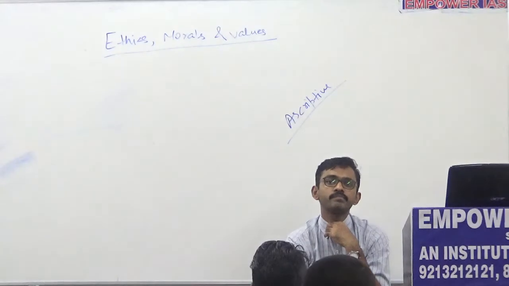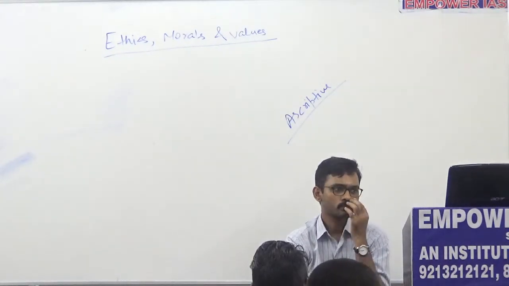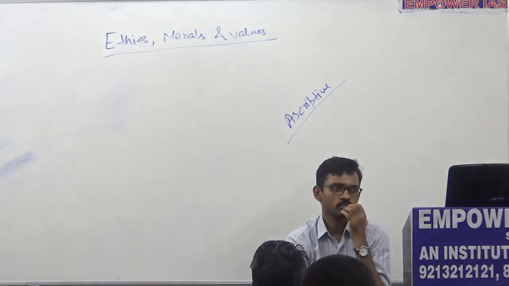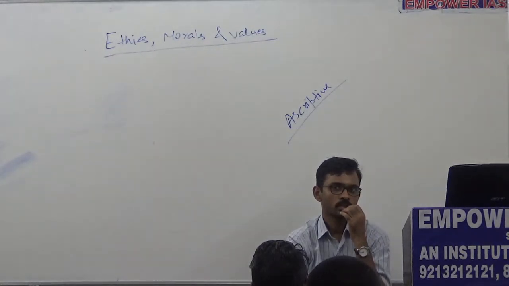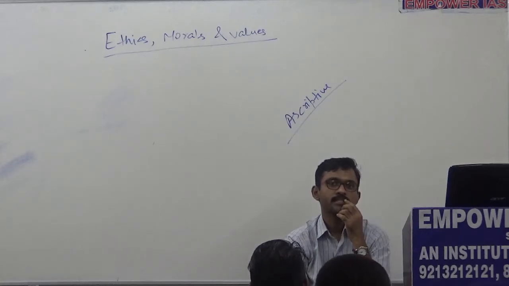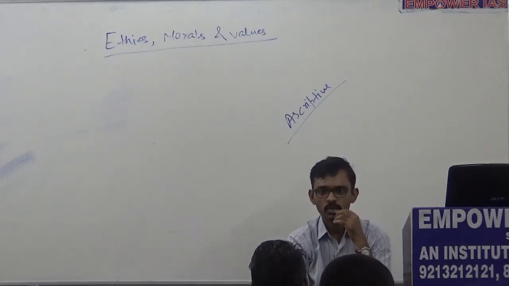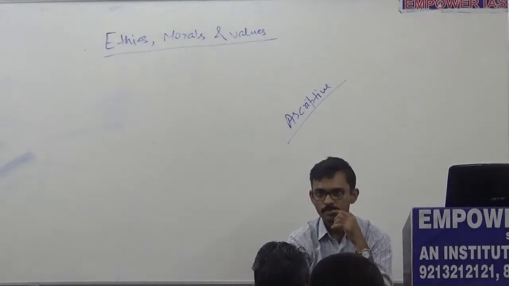Same example. In Western society, it is free for women to smoke at night, but in Indian society, it is not like that. That example I gave in the context of values, not in the context of ethics.